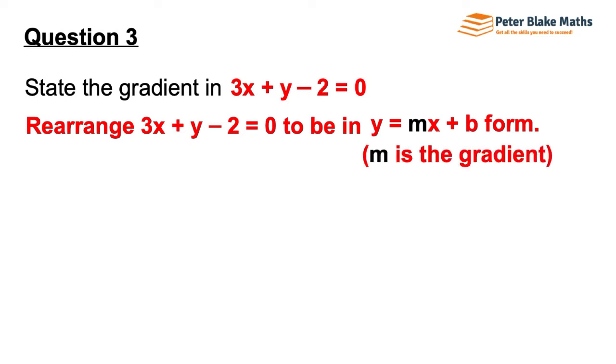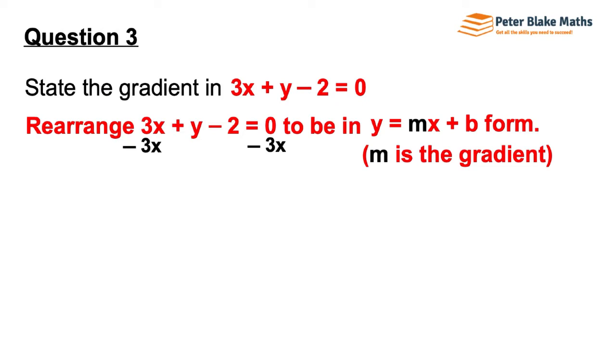At the moment it's not in the right format. We want y on its own, so we're going to move the numbers away from the y side to leave it on its own.